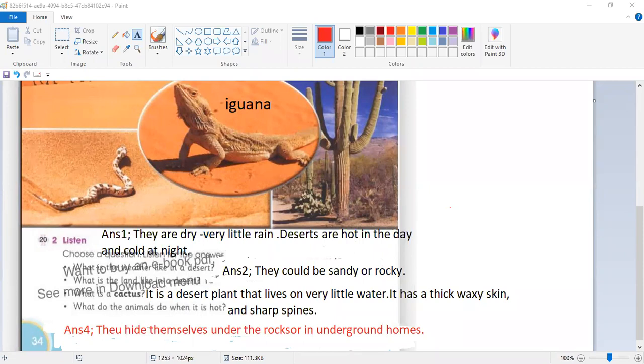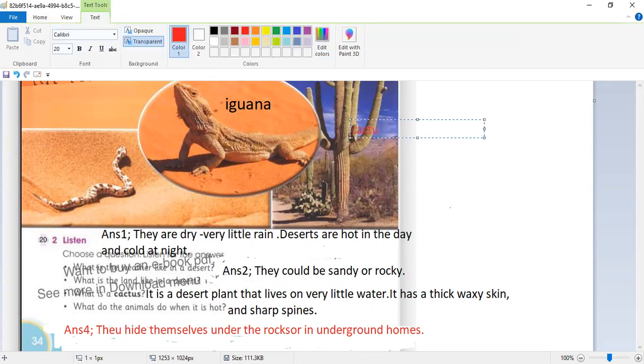Now look at question number 3. What is a cactus? If you look in your book, this plant is called a cactus. You can also write its name here. Please write, this is a cactus, C-A-C-T-U-S. This plant has a very thick, waxy skin.